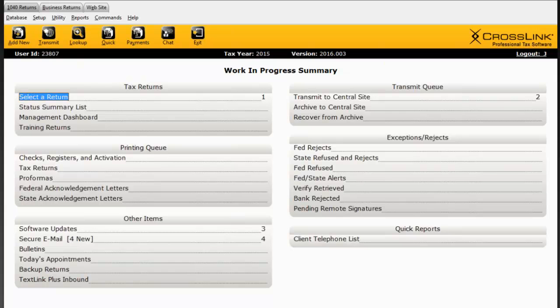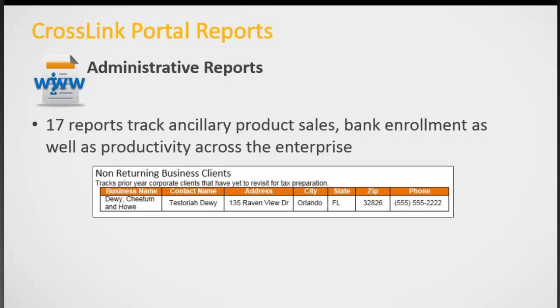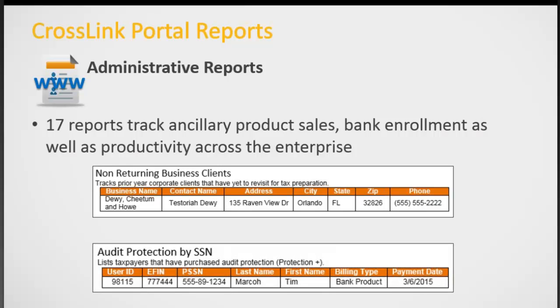All right, that's our system export. Next up, I want to show you the reports that are in our customer portal, starting with administrative reports. Now, I have some screenshots that I can show you guys. I don't have any data to be able to show you, but I do have screenshots. In administrative reports, there are, at my last count, 17 reports available out there. And here's an example of the non-returning business clients.